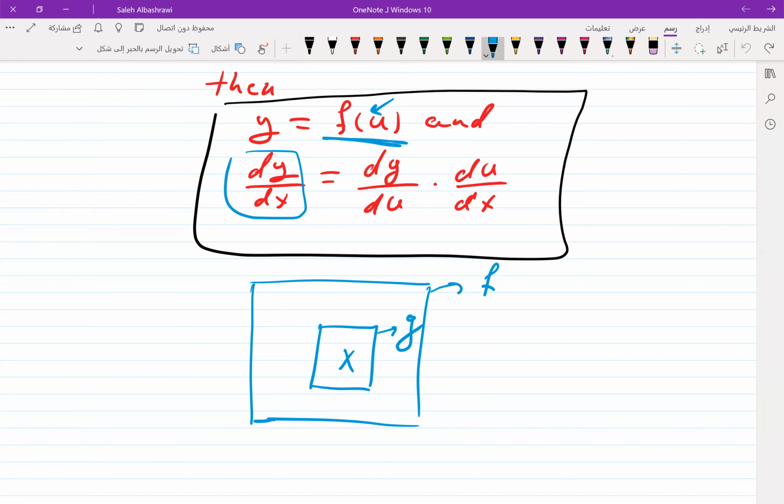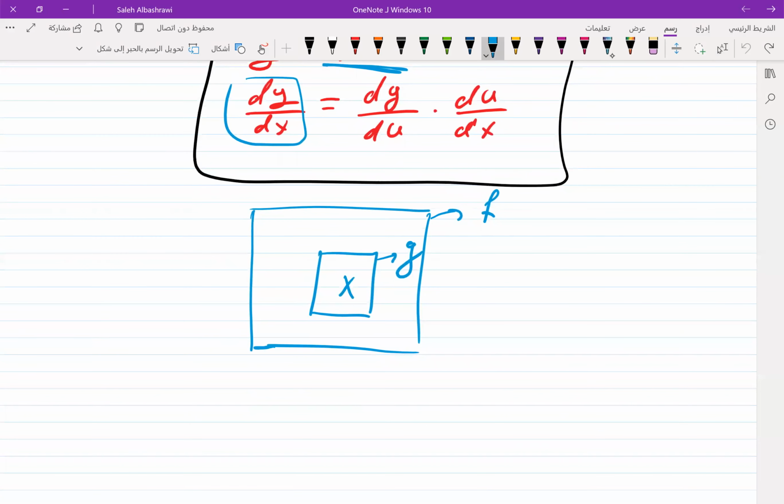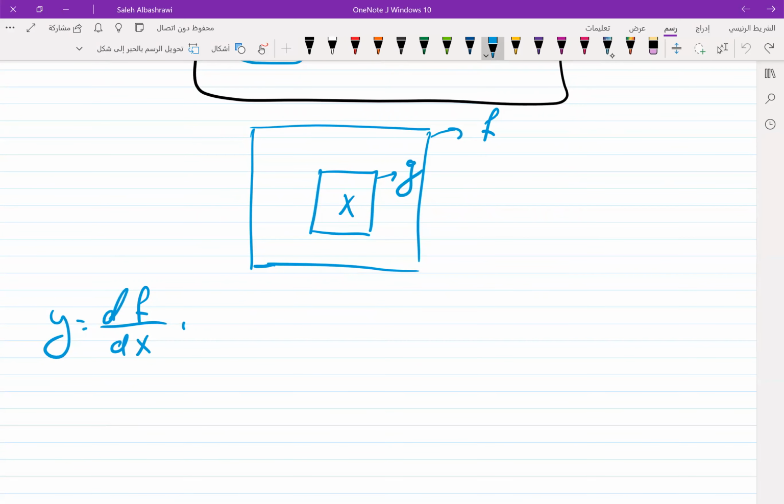So the chain rule, the derivative df by dx is equal to df by du and du by dx. The idea for the chain rule is that we need to reach the x inside the second function.